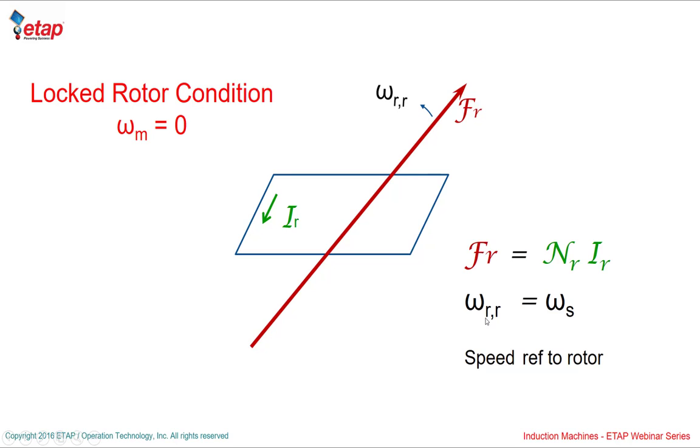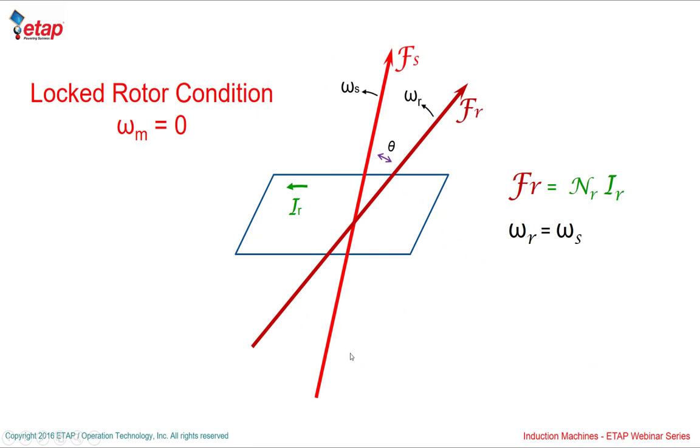Omega r is the speed of the rotor, the speed of the MMF with respect to the rotor winding. And in this case, since the rotor is stationary and the frequency of I sub r is the same as the frequency of the stator, the speed of F sub r is equal to omega s. And what happens?